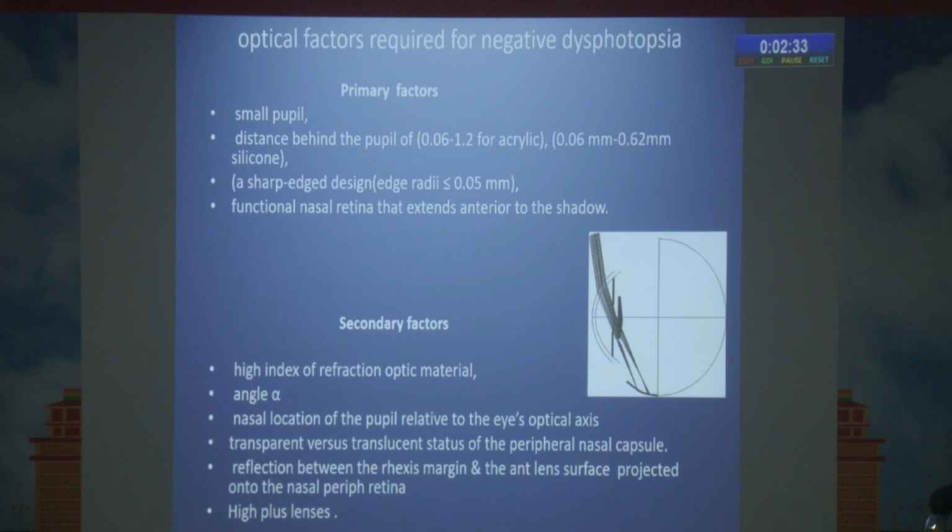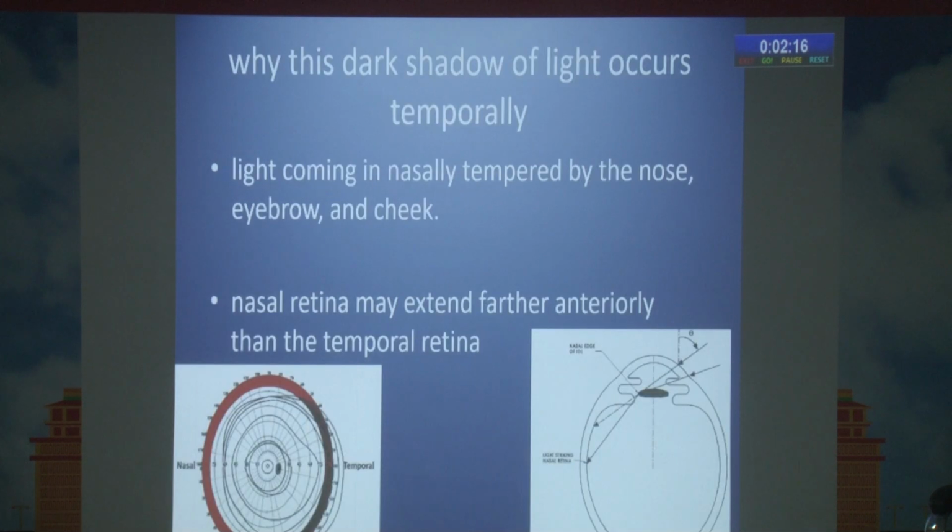Sharp edge design of the IOLs, functional nasal retina that extends anterior to the shadow, and the secondary factors are high refractive index of optic material which is there in hydrophobic lenses, large angle alpha, nasal location of the pupil, transparent status of the peripheral nasal capsule, and more with high plus lenses.